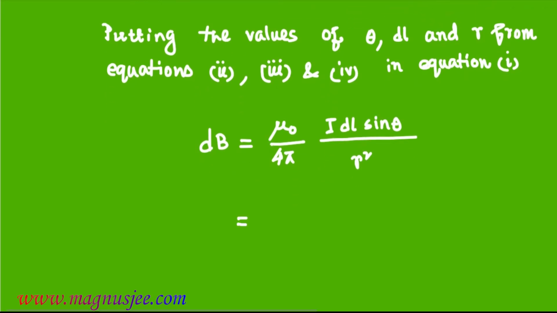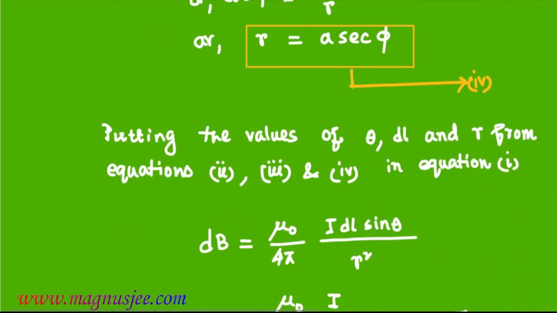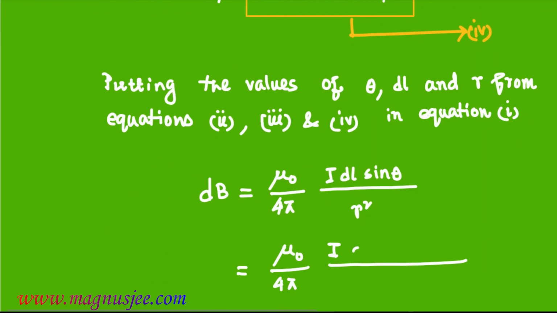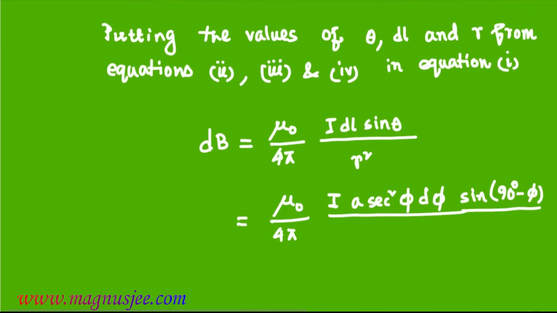Equal mu 0 by 4 pi I. In place of dl we can write A sec square φ dφ, sine, in place of theta we can write 90 degree minus φ, sine 90 degree minus φ, whole divided by, now we know that r equal A sec φ, so A sec φ whole square.